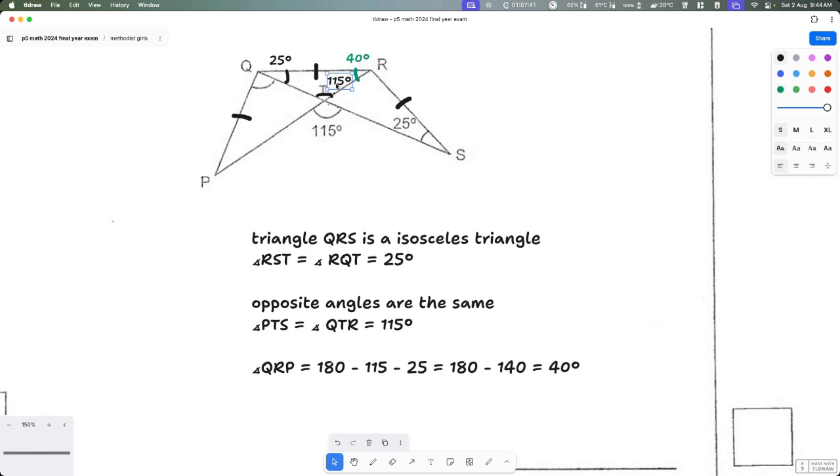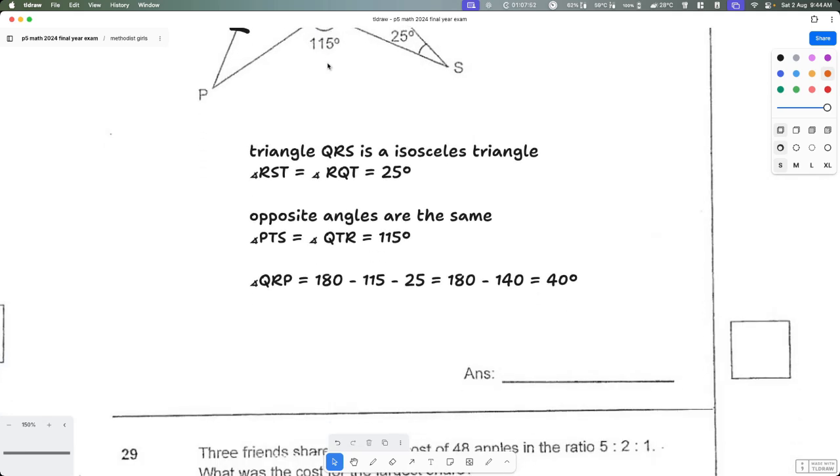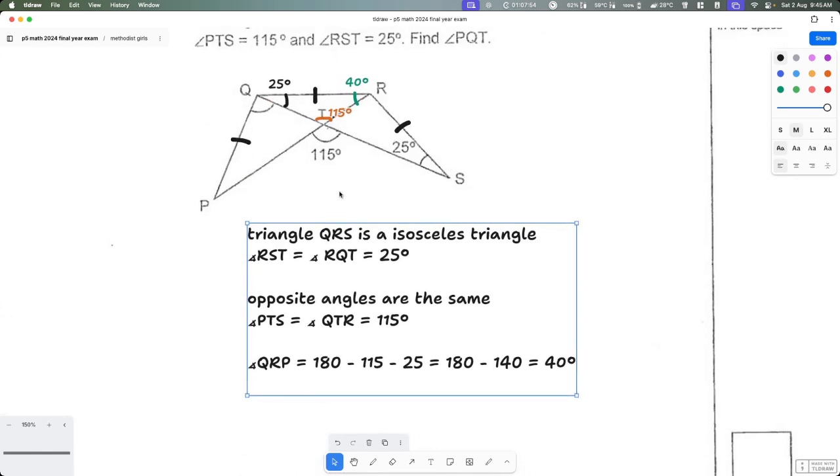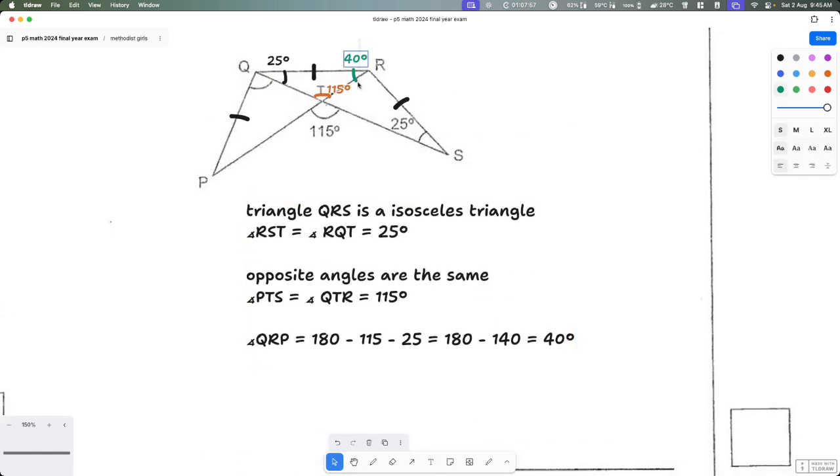Now I'm just going to color this so it's easier to see. This is green. This one, let me make it red. And since QRP is 40 degrees, that means this is also the same over here. So this is 40 degrees as well.